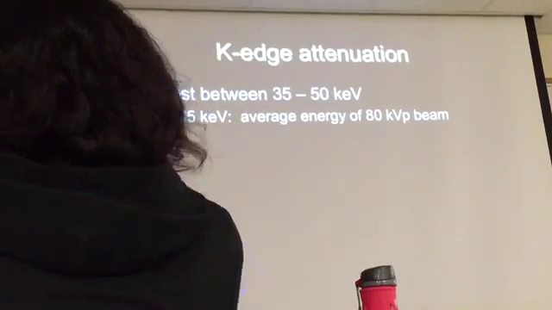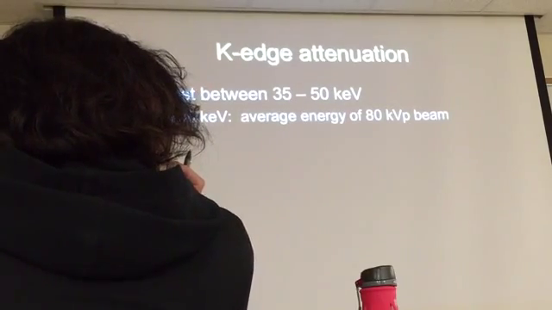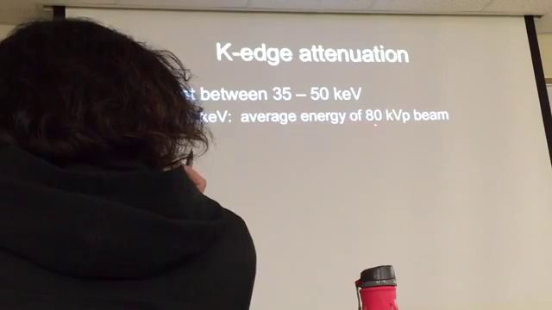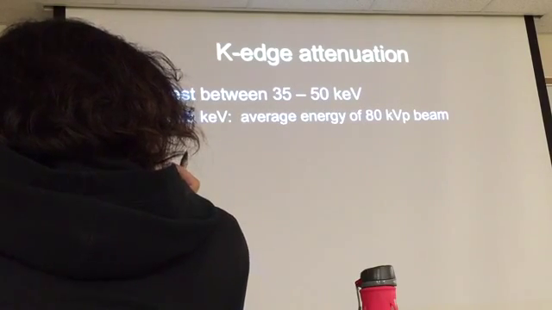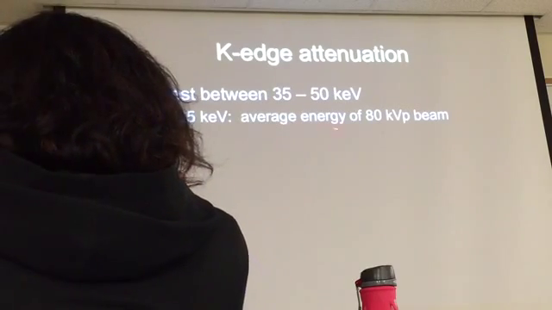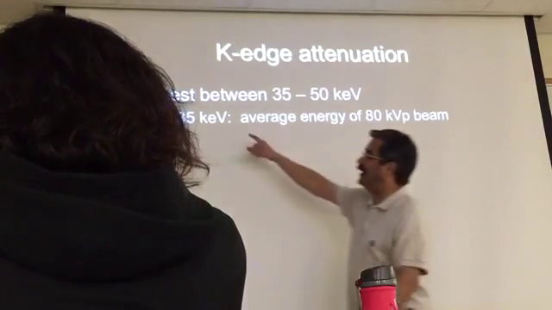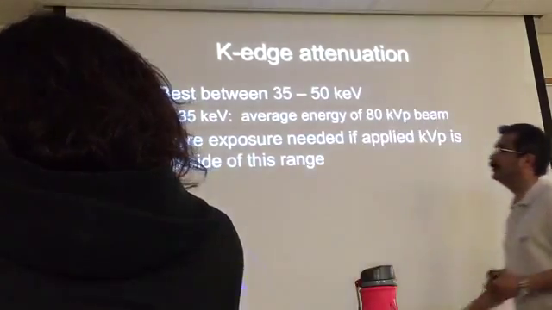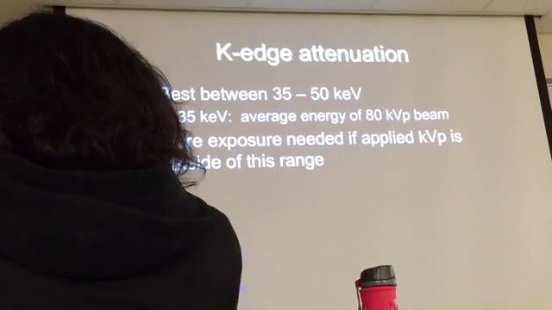What is important is that the average energy in diagnostic radiography is going to be around 35 to 50 keV, plus or minus a few keV. 35 keV is the average energy of an 80 kVp beam, and that's very good because that's the area where these compounds respond to the emission of light.